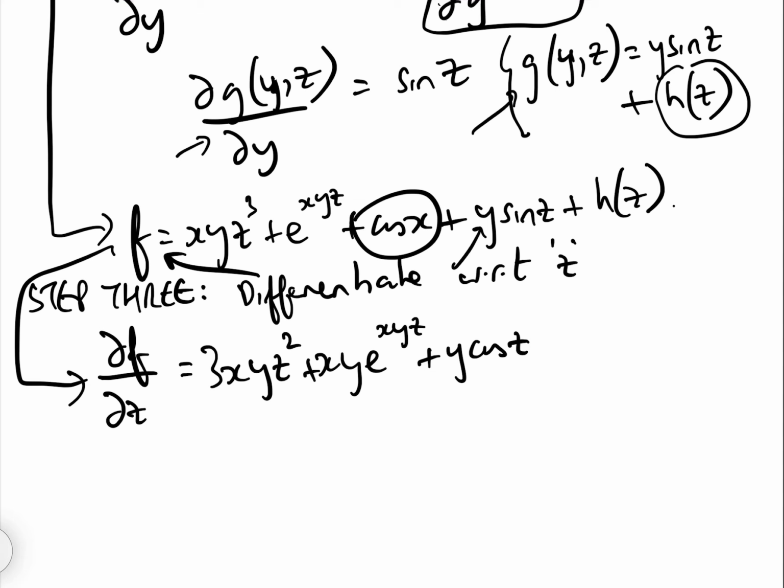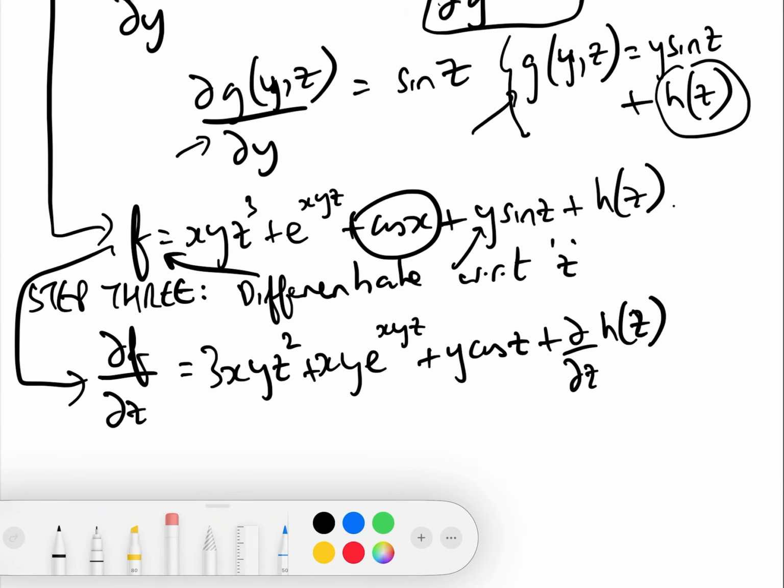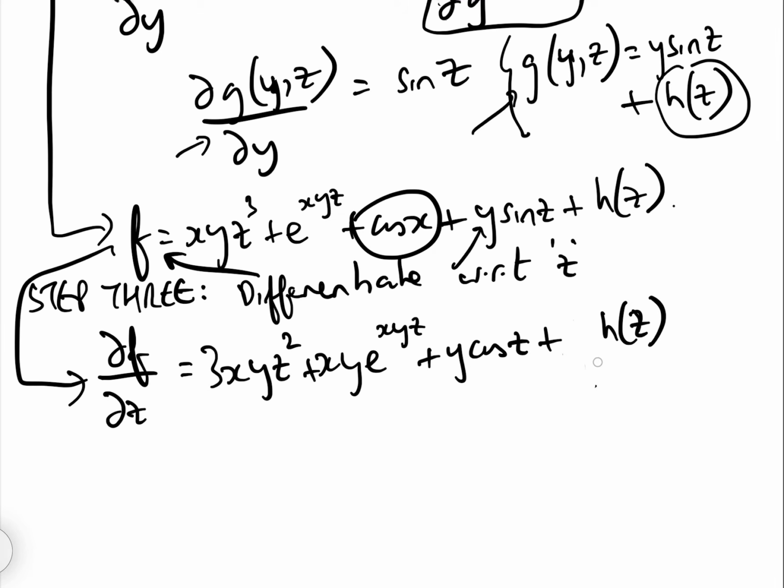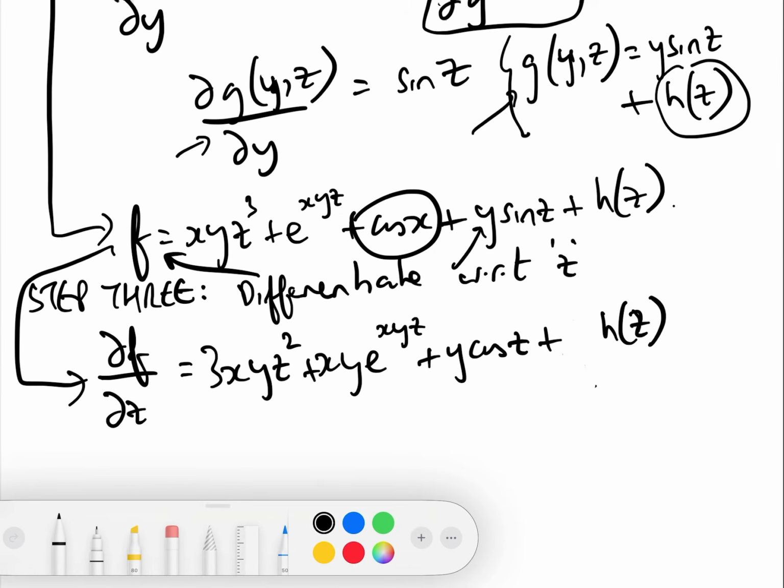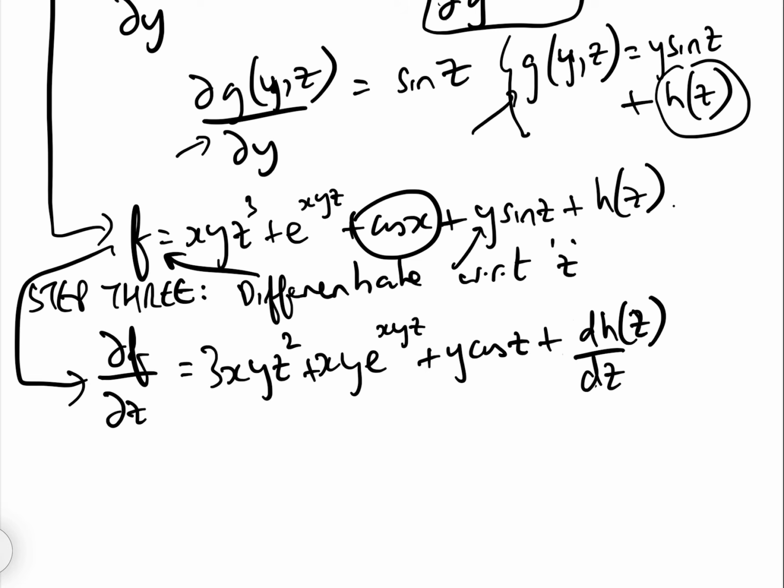This one here just goes to nothing because that's only a function of x. Add, well, the partial derivative with respect to z of h of z, but we can actually write that as just the normal derivative because there's only one variable there, so we can just write that as dh dz of the function h of z.